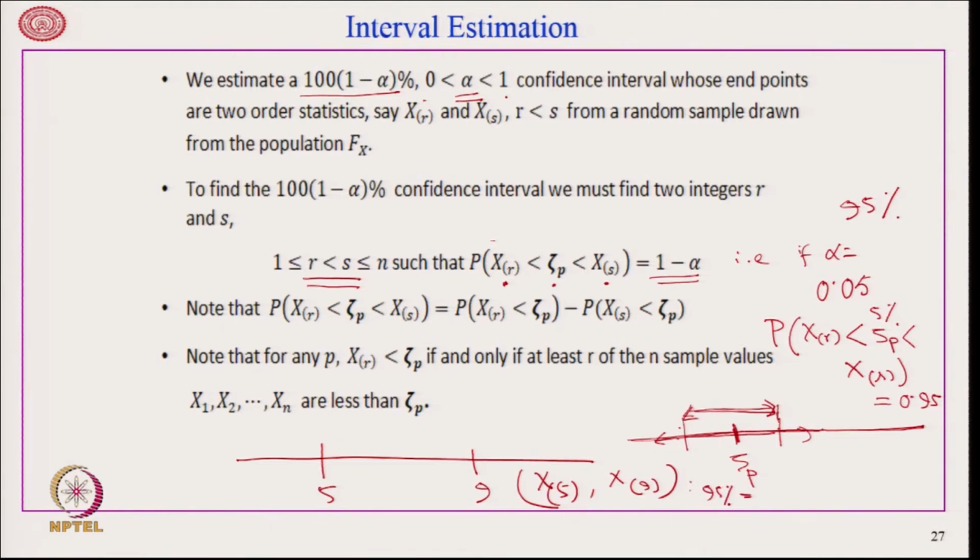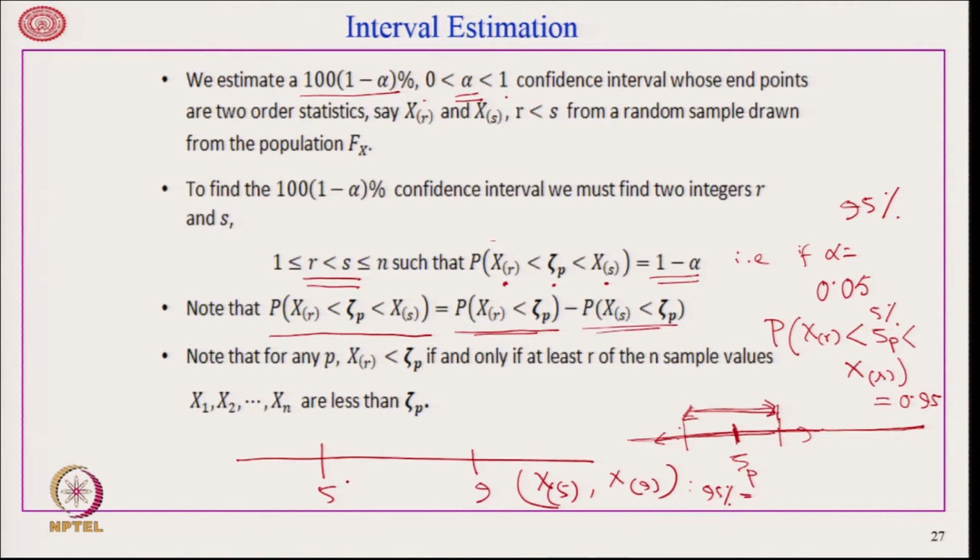Now, how to obtain this? Note that probability x r less than zeta p less than x s is equal to the probability that x r is less than or equal to zeta p minus the probability that x s is less than or equal to zeta p, right?